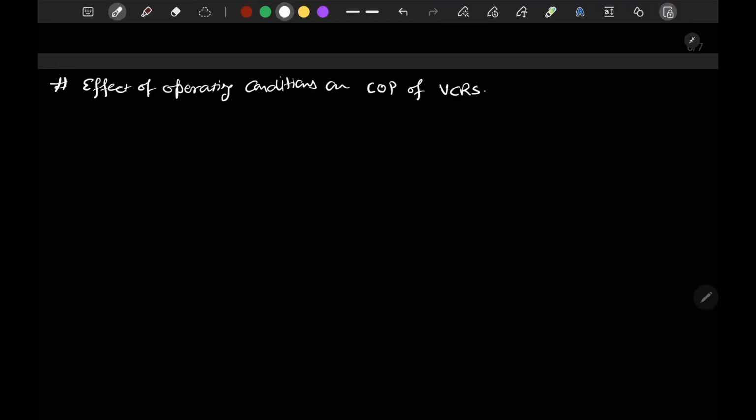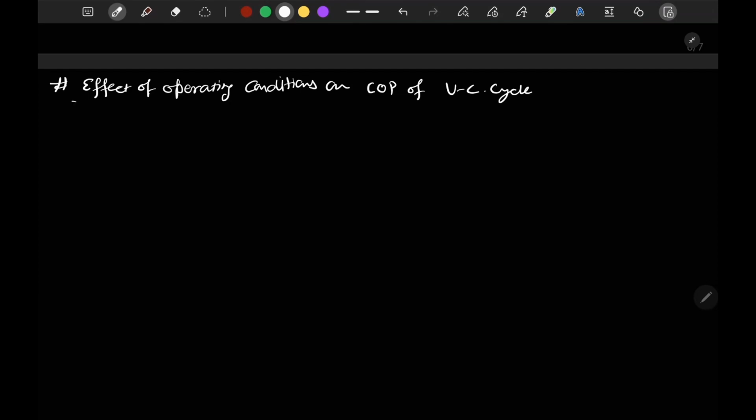Now we will move to the next topic, the effect of operating conditions on the COP of the vapor compression refrigeration system, or the vapor compression cycle.